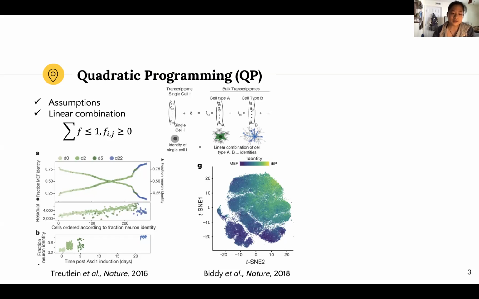It is able to measure this gradual transition from the starting population to the terminal population. And back in 2018, we were able to also use this method in our reprogramming system from fibroblasts to induced endoderm progenitors, where the 2 cell fates that we're measuring here are the fibroblast and the endoderm progenitor.